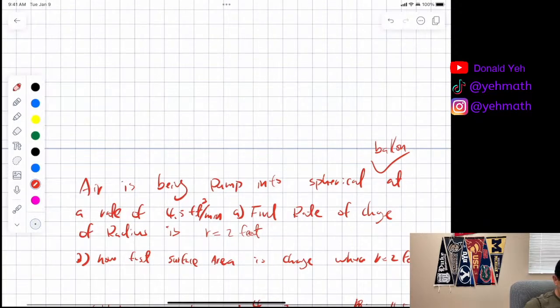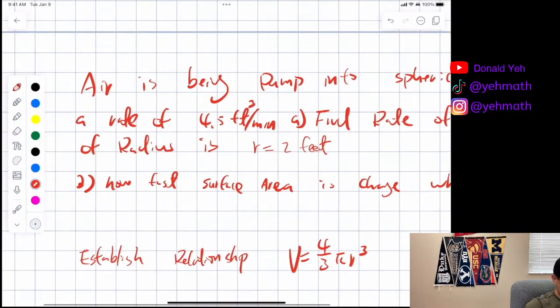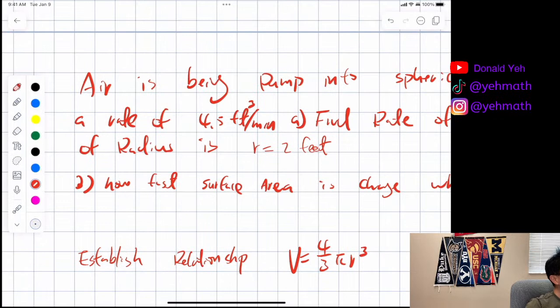Okay, so what we're going to do is, for this type of routine, you have to learn to figure out relationships. Translate the 4.5 cubic feet per minute to math and translate the unknown to math. First, the relationship is 4/3 pi r cubed, because that's the relationship between volume and radius.